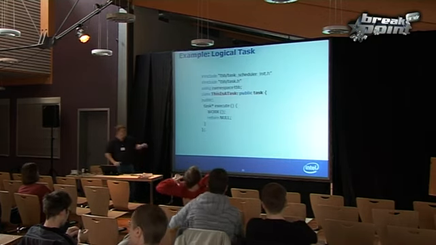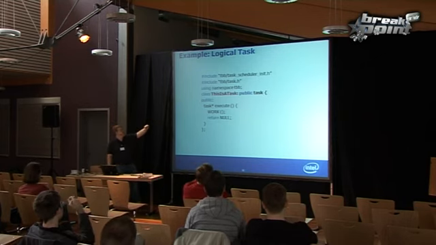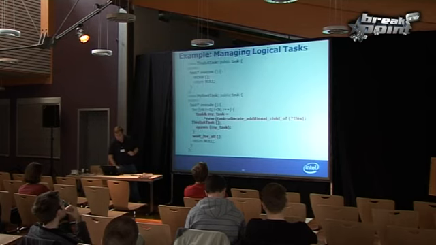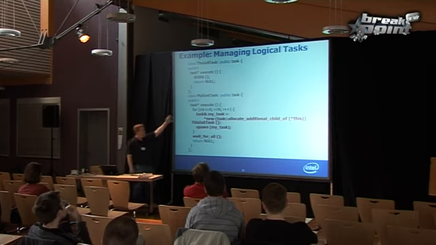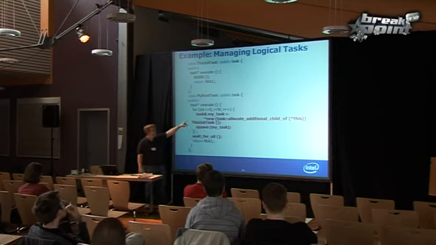So here's an example. I created a class. This is my task object. It derives from public task. It has an execute function. Here it is being used in the real world. My root task, you can call it main. Now, I have to do a kind of funky allocation to allocate this task. Say my task new.